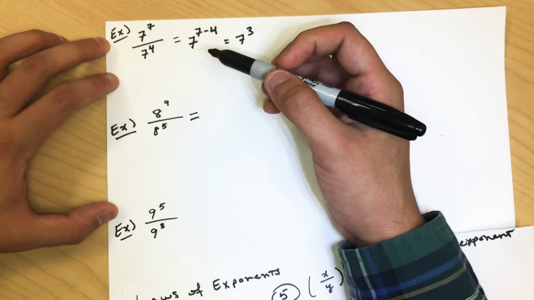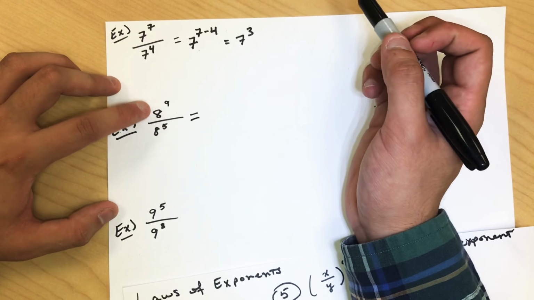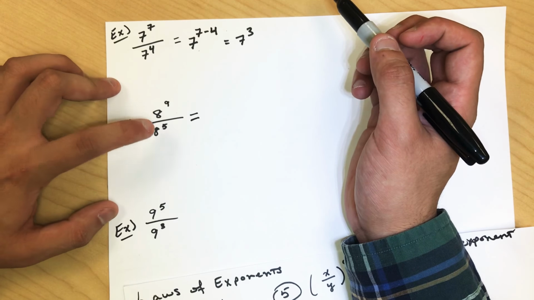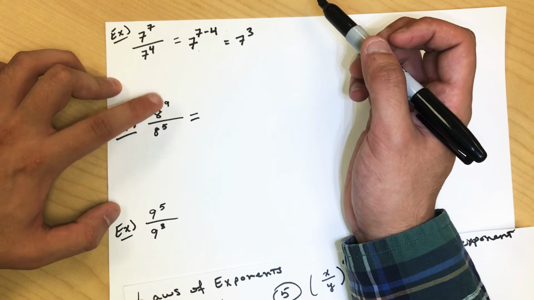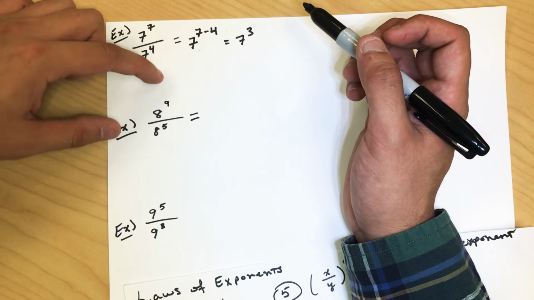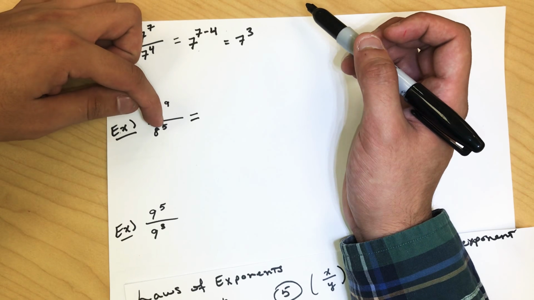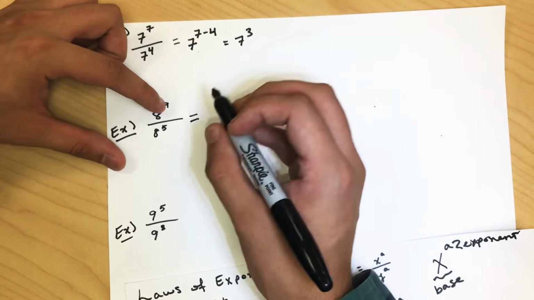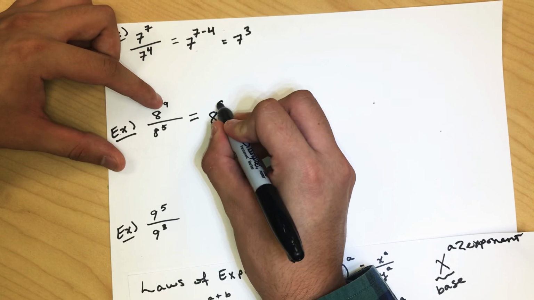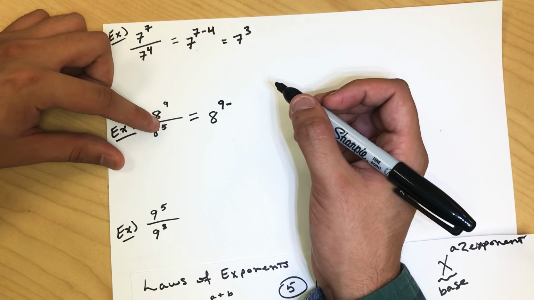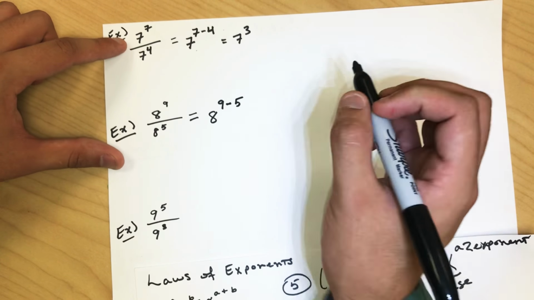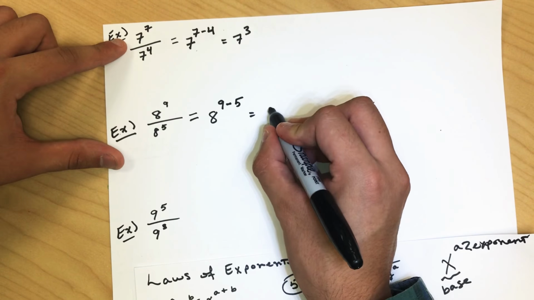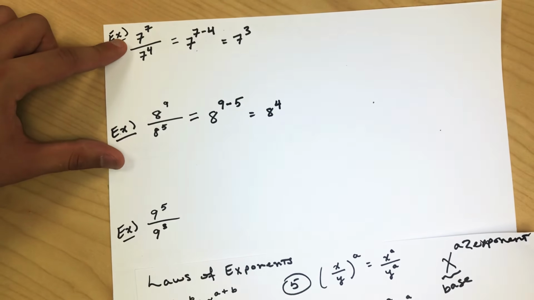First things first, you check to see if you have the same base. The base here is 8. Yeah, we have the same base. We're dividing, so we know to subtract their exponents going from top to bottom, no matter what those numbers are. Okay? So the first one that pops up is 9. So we're going to get 8 to the 9 minus, the next number that comes up is 5. So we get 8 to the 9 minus 5, which is going to be 8 to the 4th power.